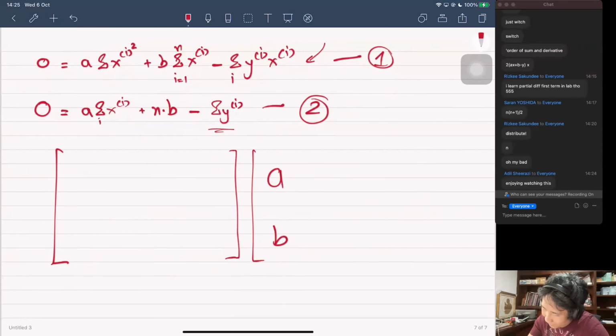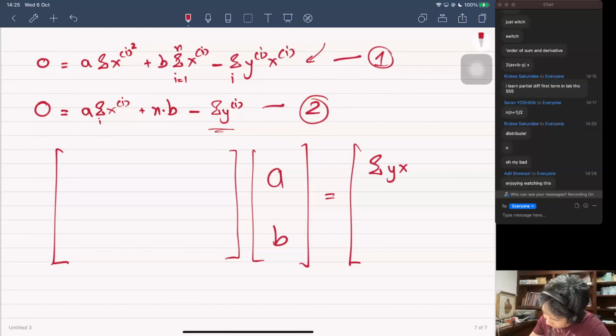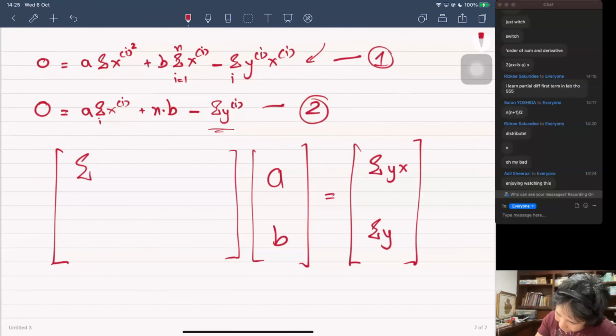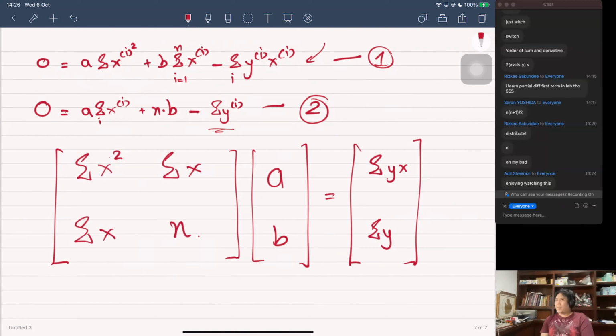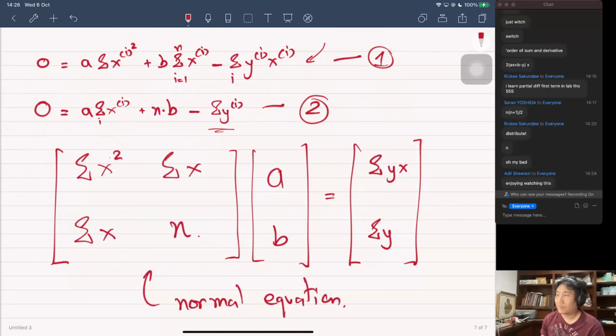A and B. This is two variables, right? And this has a name. It is called the normal equation. Actually, the normal equation is the inverse of this, but you get the idea.